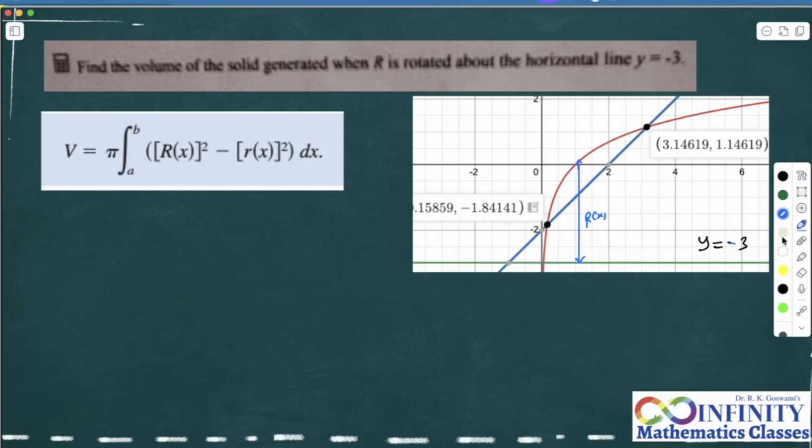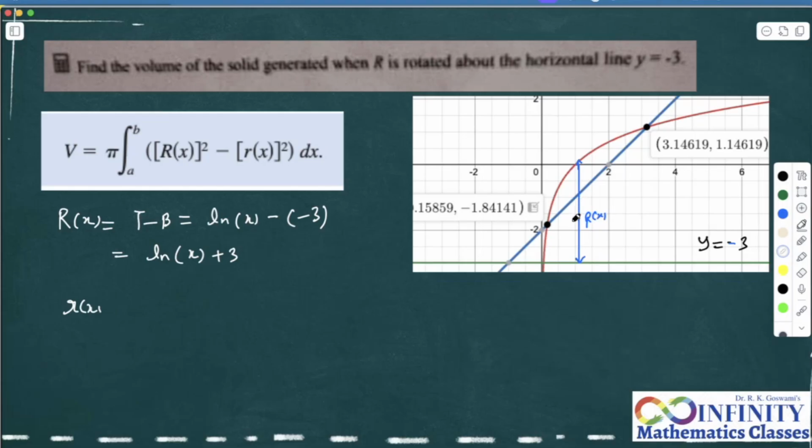Otherwise, they should correspond to the same value. So please help me. What is going to be Rx there? Capital Rx is going to be the top curve minus the bottom. Top curve is ln x. Bottom curve is minus 3. So this is going to be ln x plus 3, right? Right.